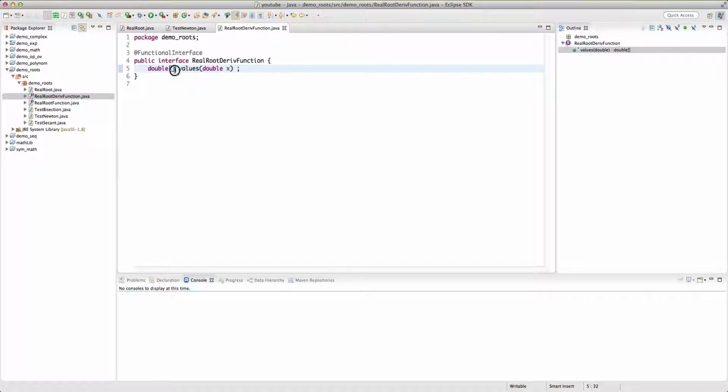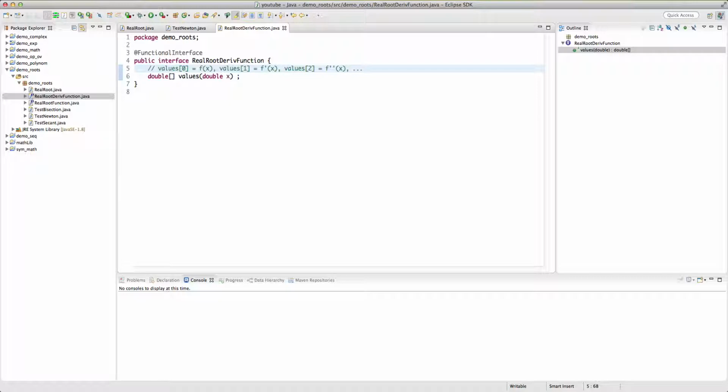Now this returns an array of doubles, and what I'm going to consider here is that values[0] is going to be f of x, values[1] is going to be f prime of x, and values[2] is going to be f double prime of x, and so on.